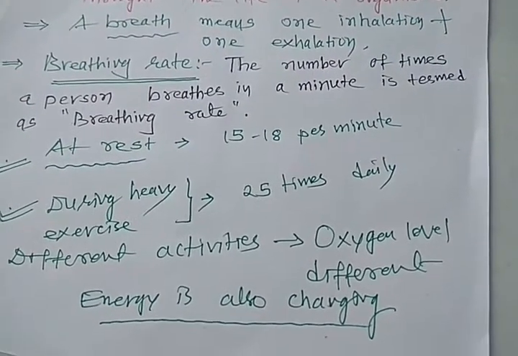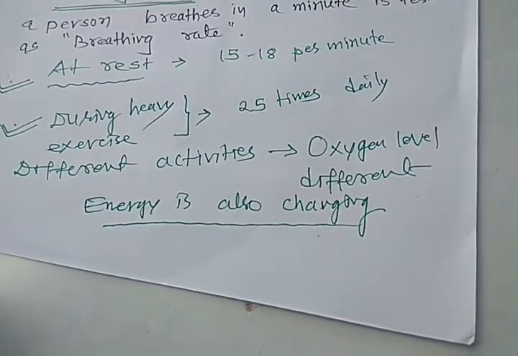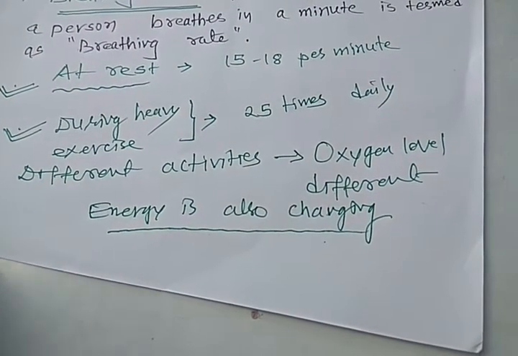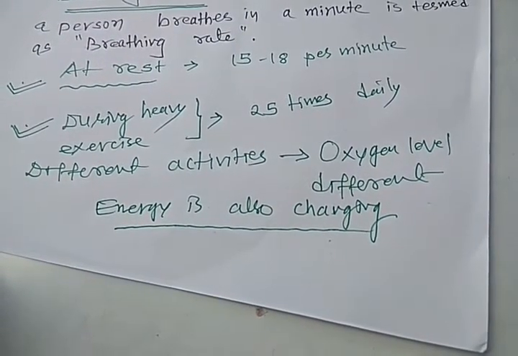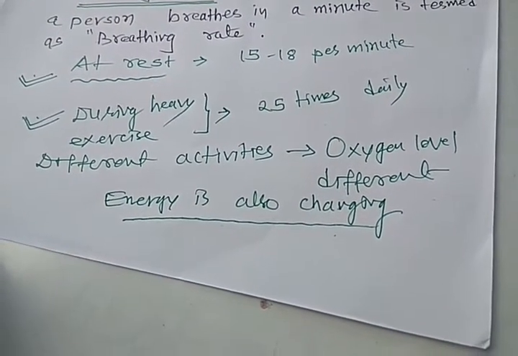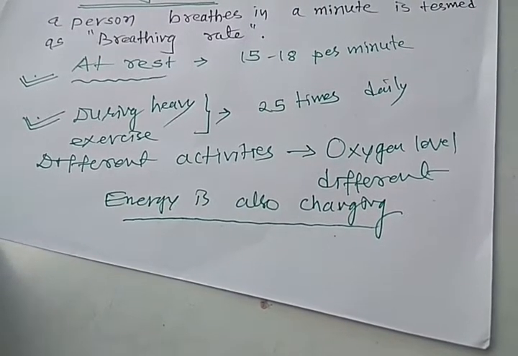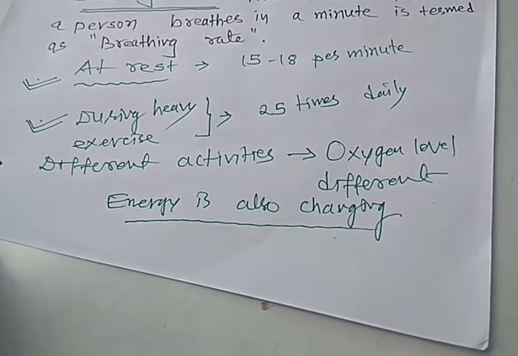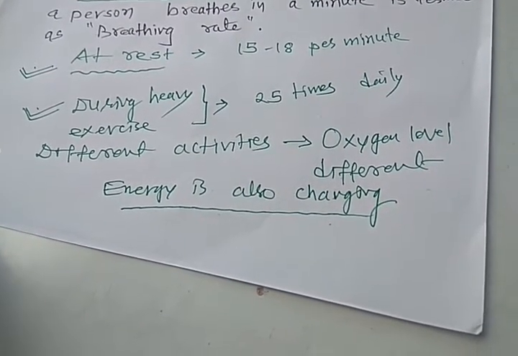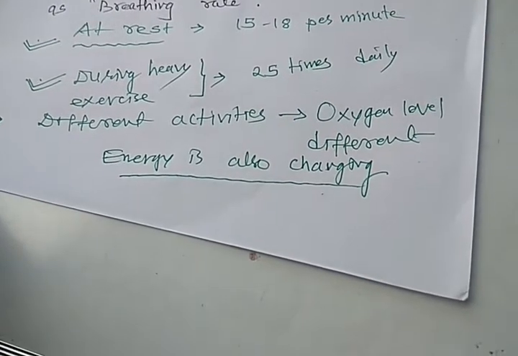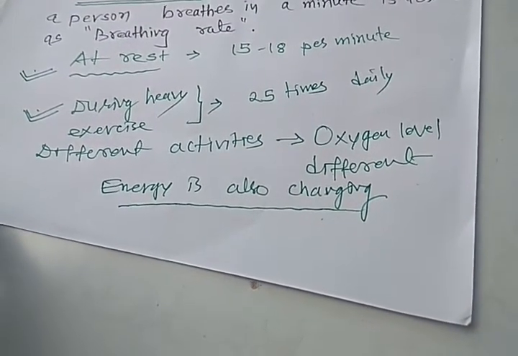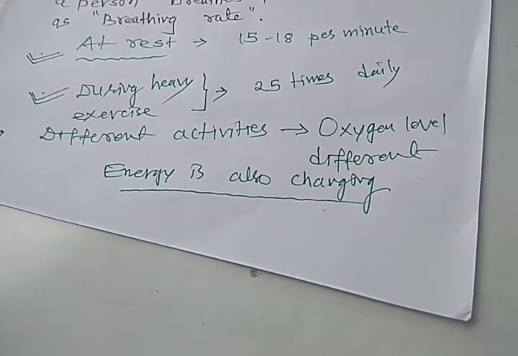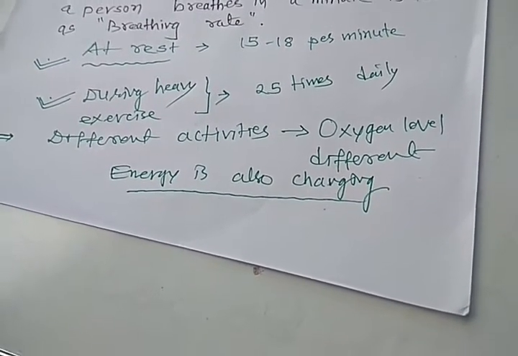It is to be noted, students, that when you are at rest, your breathing rate is 15 to 18 per minute. During heavy exercise, it is 25 times per minute.